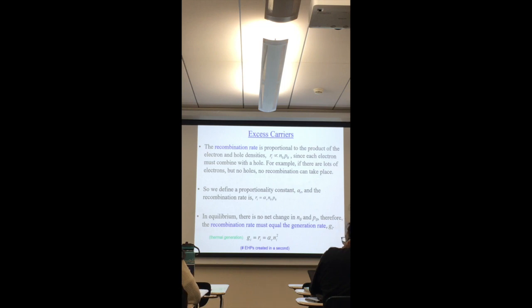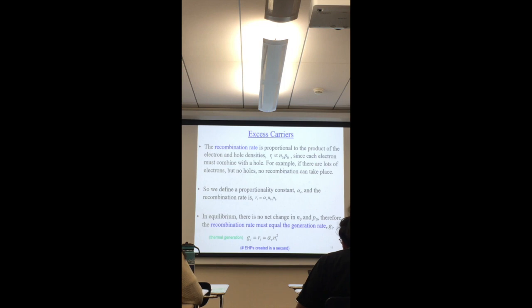In equilibrium, everything is balanced, so there is no net change in n naught and p naught, and the recombination rate must equal the generation rate. We can define the generation rate as G sub i. So the generation rate is the same as the recombination rate.